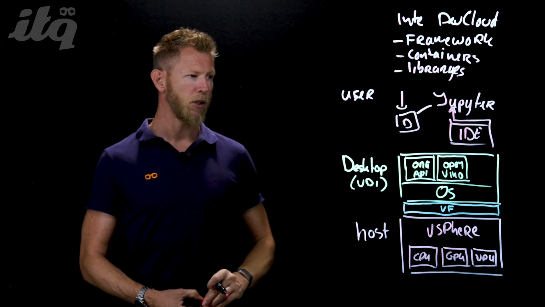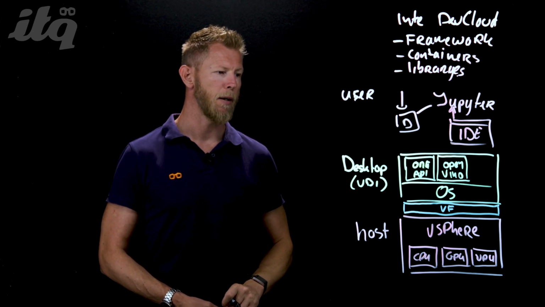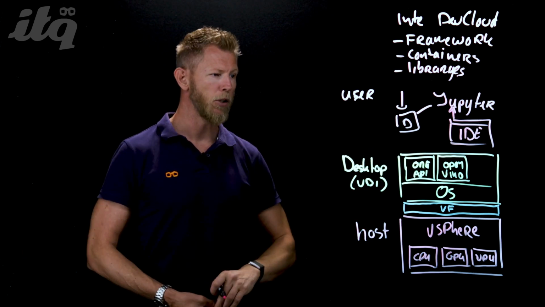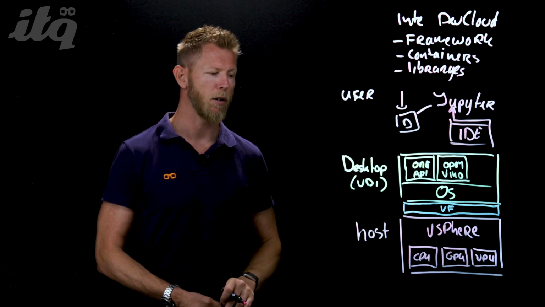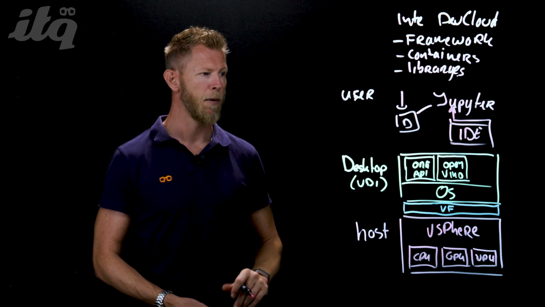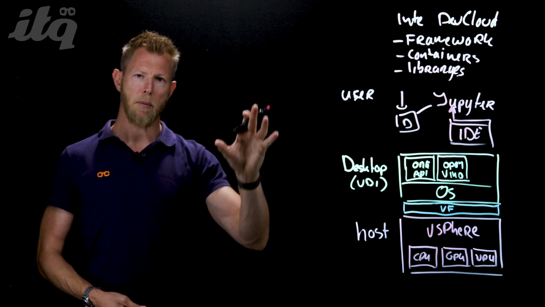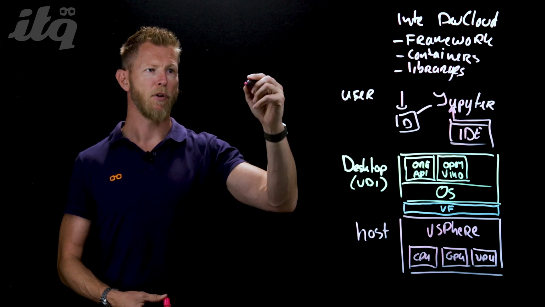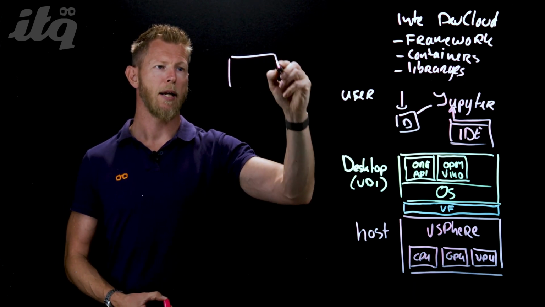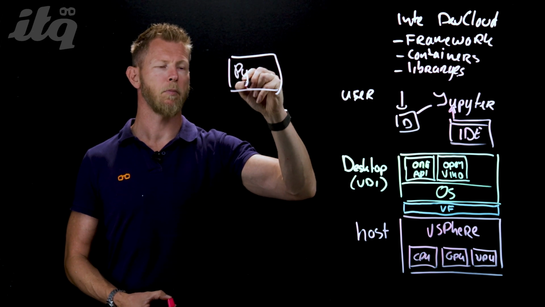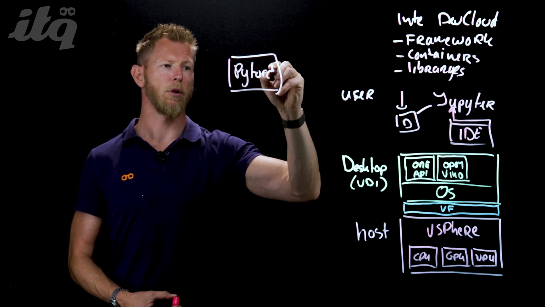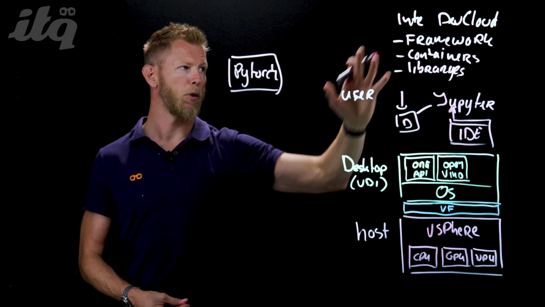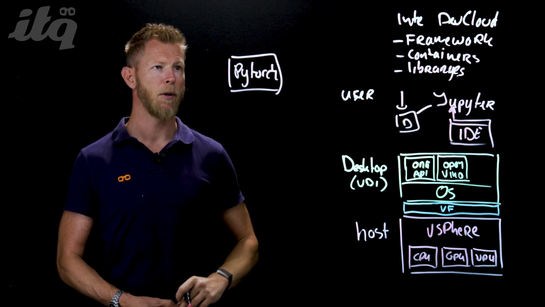Now what happens next, and I think this is really awesome, is the combination of OneAPI and OpenVINO and the different types of hardware accelerators there. If you look at the process of accelerating such a workload, take for instance a framework like PyTorch. This would be one of those frameworks that's part of the Dev Cloud.